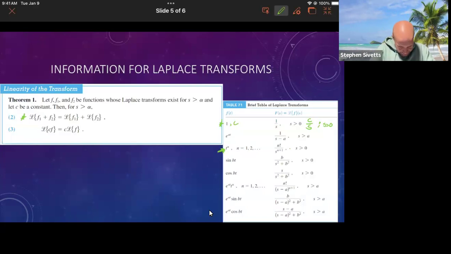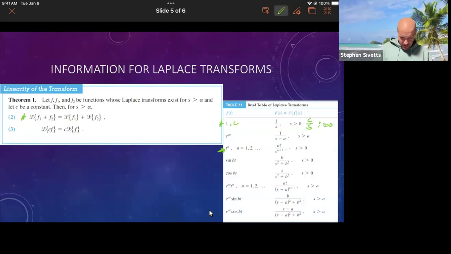The Laplace transform of f1 plus f2 is equal to the Laplace transform of f1 plus the Laplace transform of f2. And the Laplace transform of a constant times a function is equal to the constant times the Laplace transform of f.